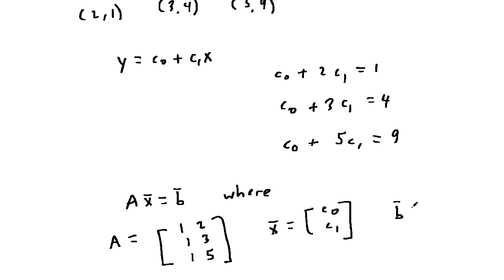And b is equal to the column consisting of these numbers.